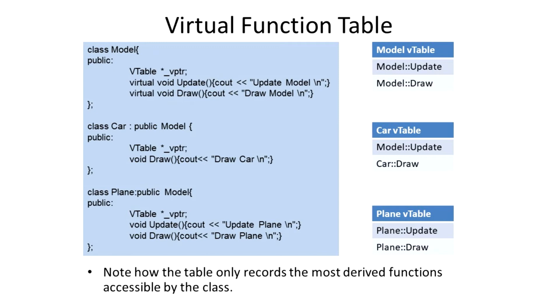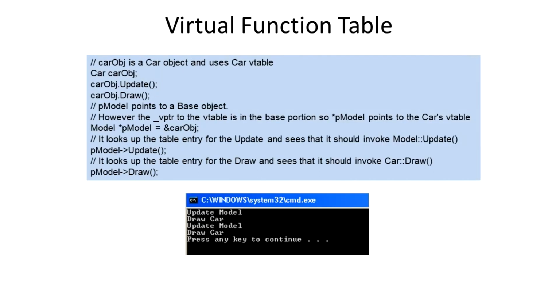So we therefore have the most derived function pointer in the car VTable. So we want to refer to the car's draw function, but we want to refer to the model's update function. It's back to the runtime now. Notice that the outputs that we see are indeed the parent's update function and the child's draw function. So that's good so far.